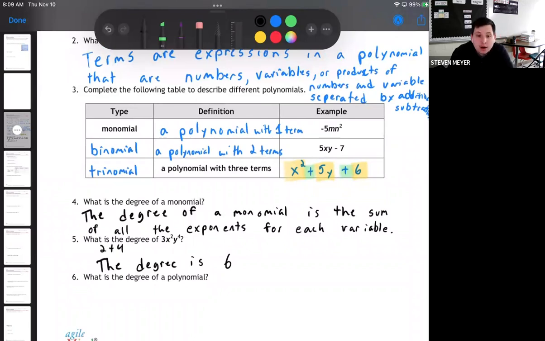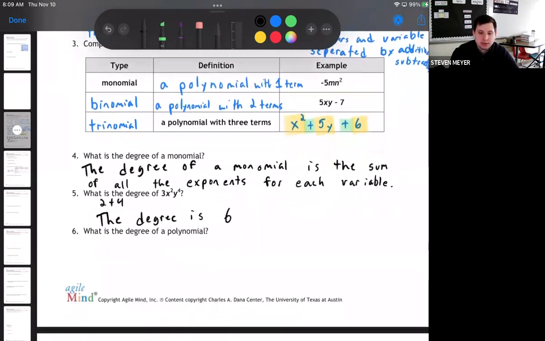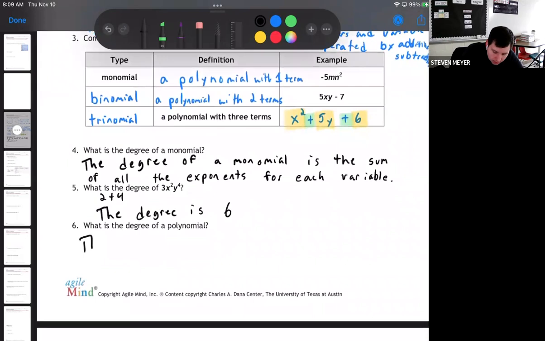So for a polynomial, the degree of a polynomial is the same as the degree of the highest degree monomial in the polynomial.